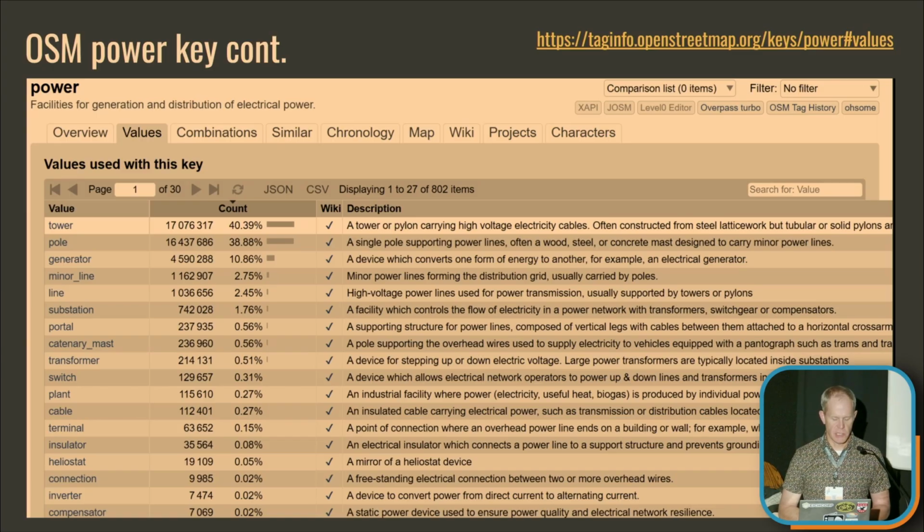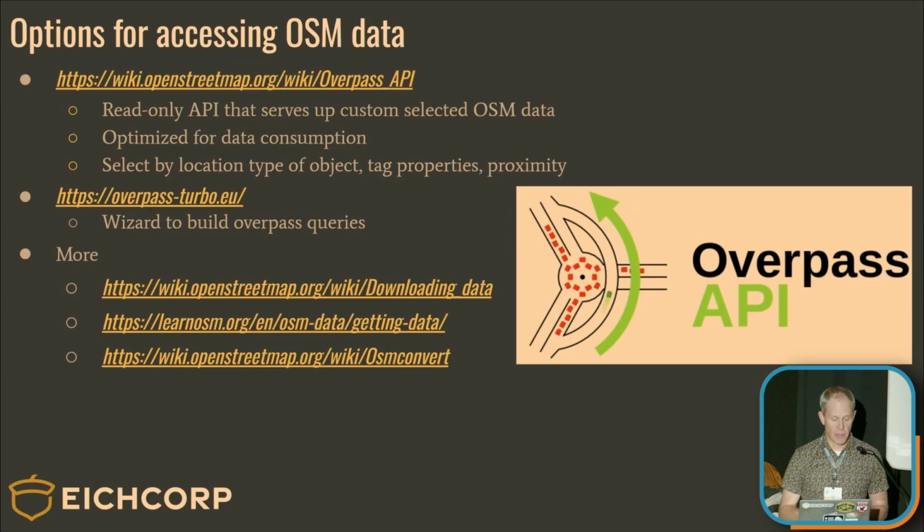We can also see some data about the frequency that we might find that tag. It's a little hard to see on this slide, but there's north of 42 million objects in the OpenStreetMap data for just the power key. Of that, there's about 35 million nodes, right, point data, and there's some 6 million of what they call ways, and those for us in the geospatial world are the lines and the polygons.